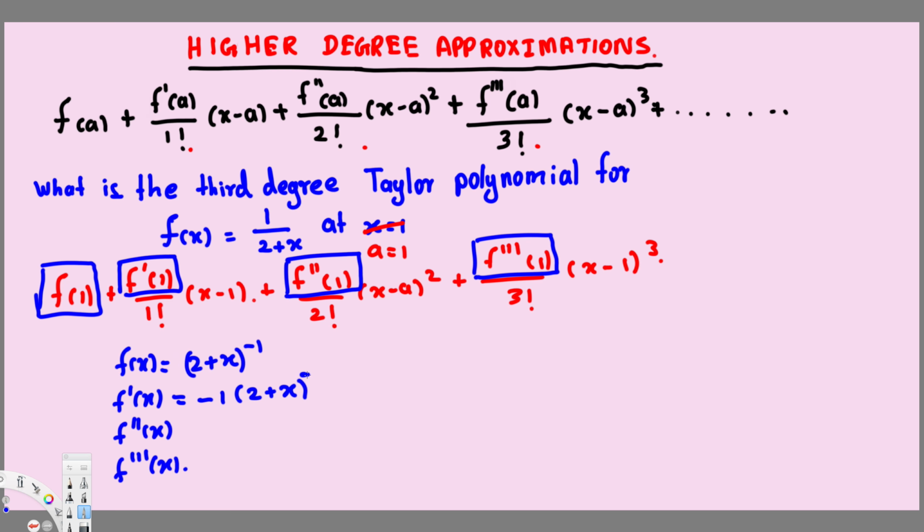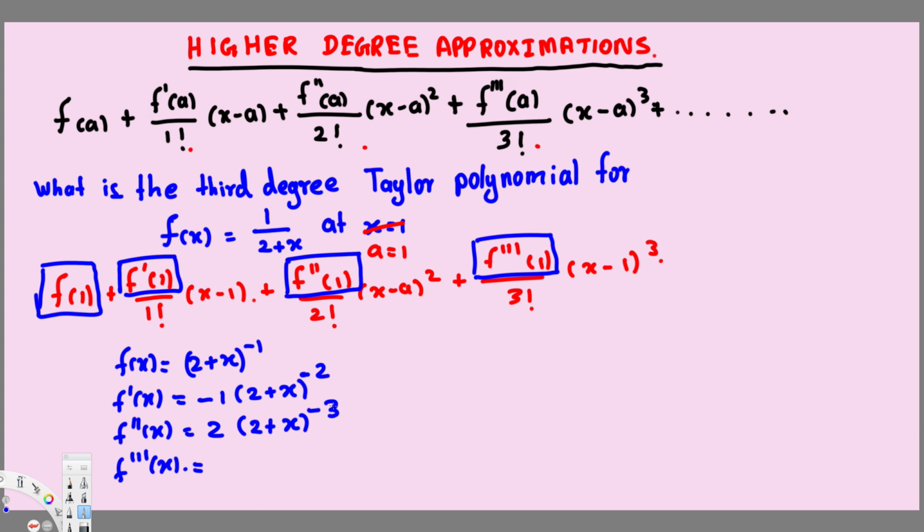That's going to be minus 2, and the inside derivative is just going to be 1, so we don't have to write that one. And then the second derivative of this one is going to be minus 2 times negative 1, that's going to be plus 2 times 2 plus x, and we subtract 1 from the power. That's going to give us minus 3.